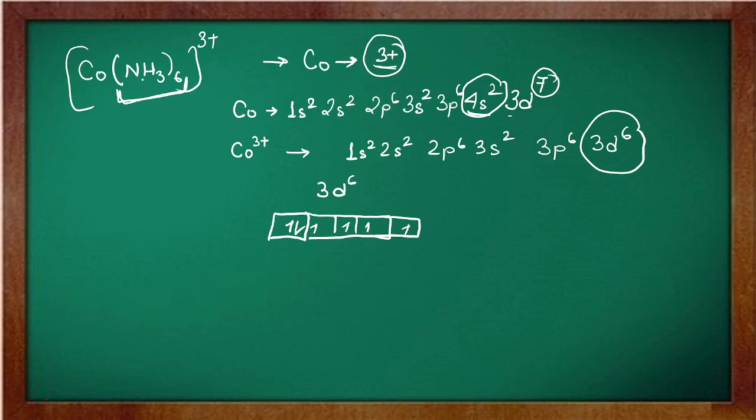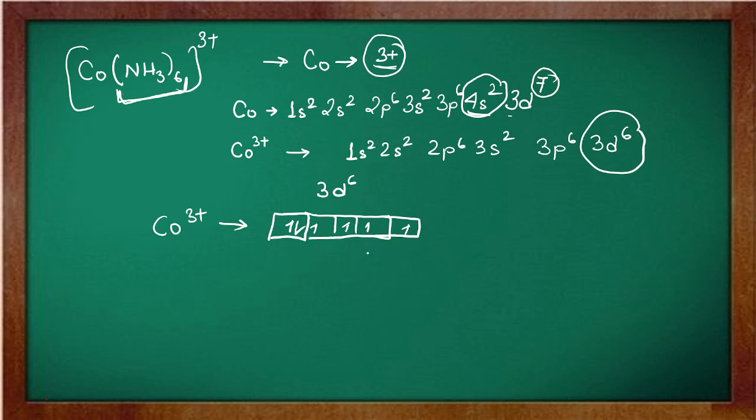It means that when this ligand approaches the metal, what will happen? This is the 3d of cobalt in the 3 positive state. This is the electronic configuration. And now when the ammonia approaches this cobalt, what will happen?